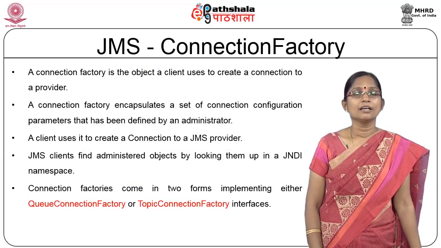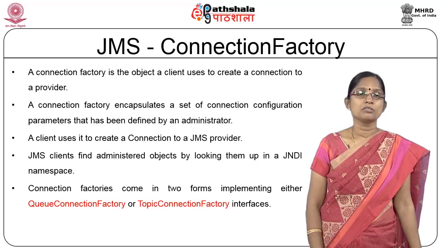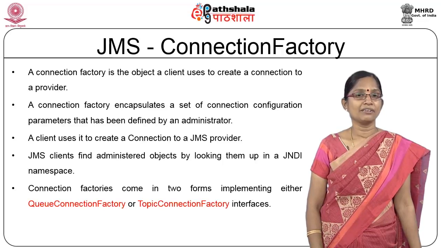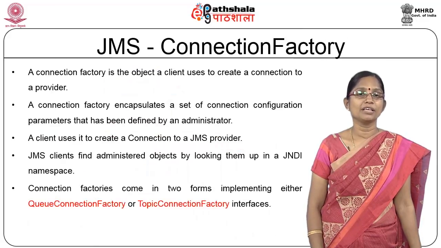So the connection factory encapsulates a set of connection configuration parameters also. So the client uses it to create a connection to JMS providers. You can see that the connection factories come in two forms. Implementing either we can follow a queue connection factory or we can follow a topic connection factory interface.